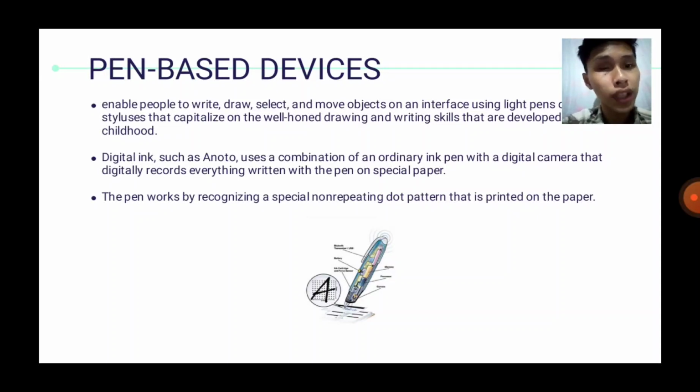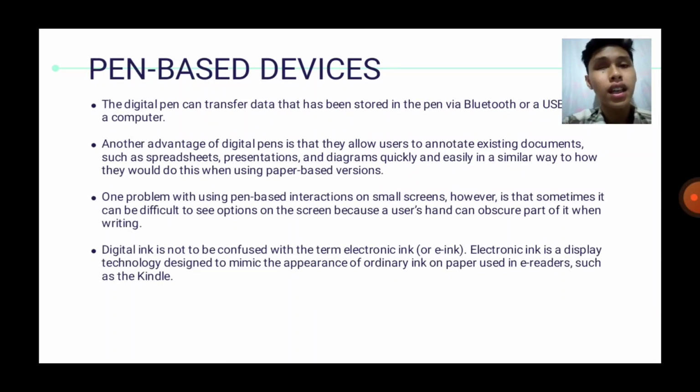So as you can see in the image, this is a pen-based device. Next, the digital pen can transfer data that has been stored in the pen via Bluetooth to a user or a computer. Another advantage of digital pens is that they allow users to annotate existing documents such as spreadsheets, presentations, and diagrams quickly and easily, in a similar way to how they would do this with a paper-based version.